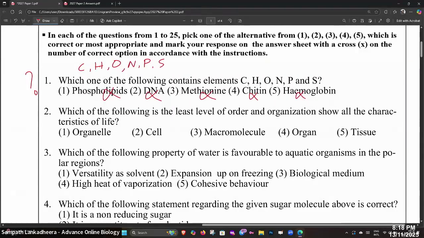Organelle, cell, macromolecule, organ, tissue. I think we can take cell.